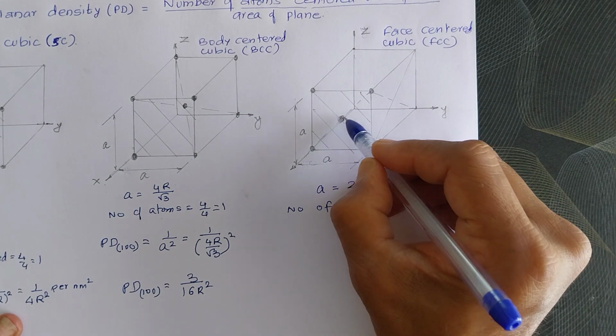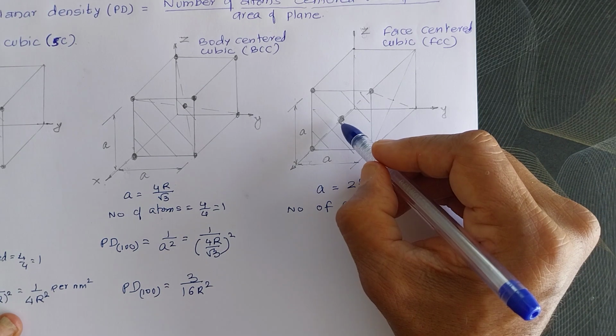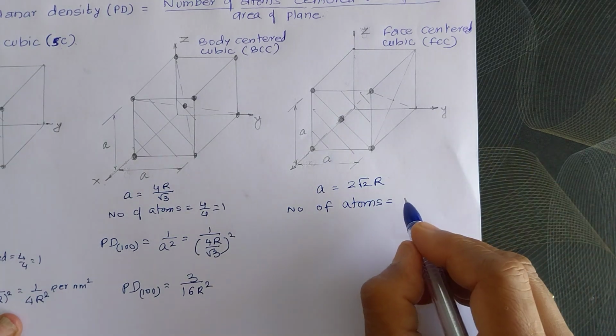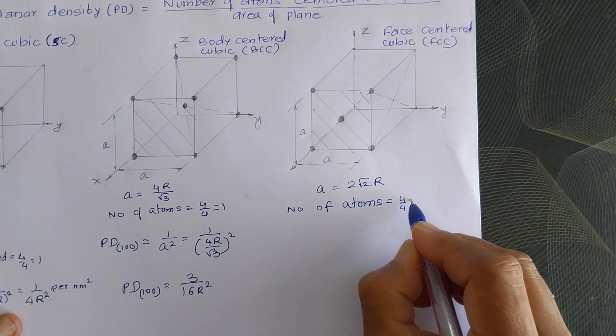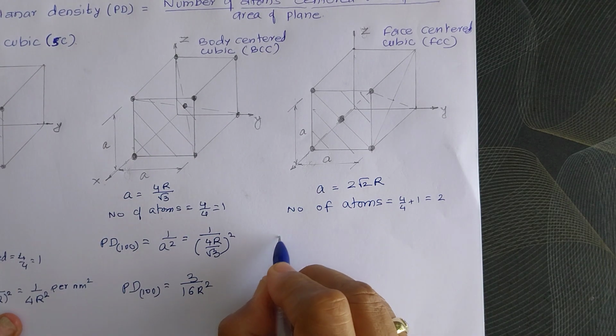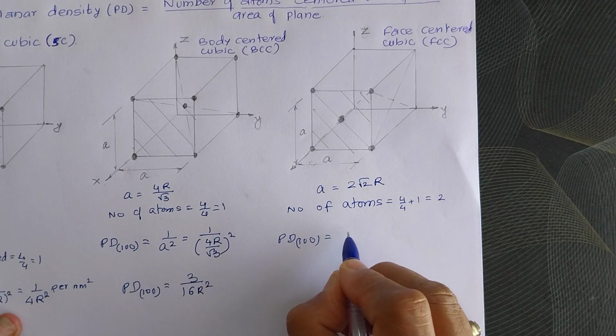But the one which is at the center of the face, if you cross the face with 2 diagonals, the center of the face is totally dedicated to this particular unit cell, and therefore we have 4/4 plus 1, and that is 2 atoms.